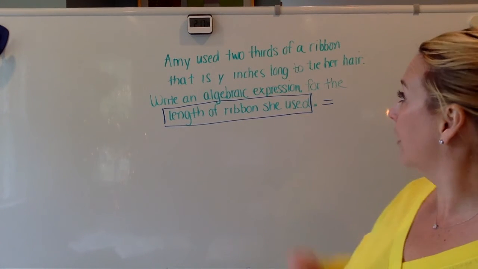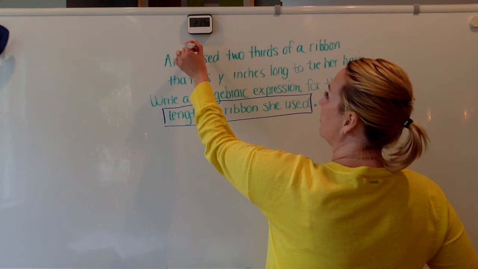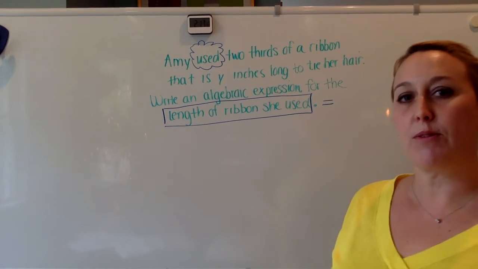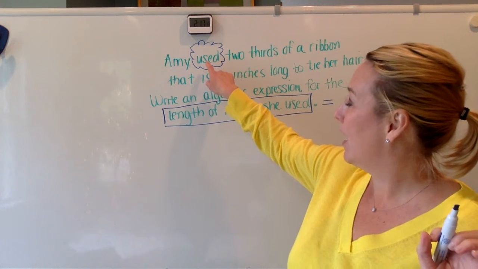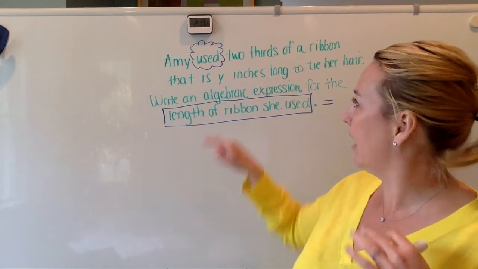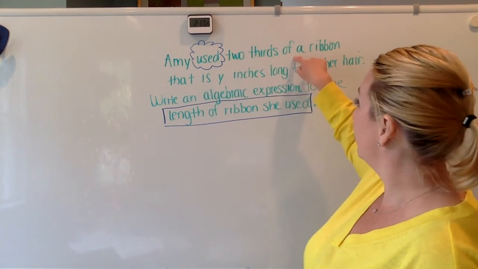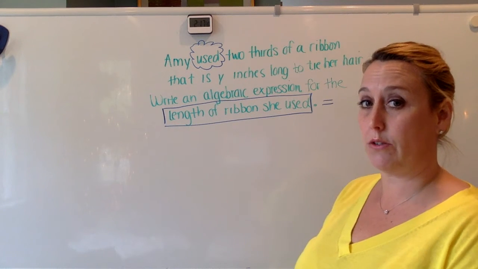That's what I'm trying to solve. So Amy used, all right, so now I know this is talking about what she used. And I say that because sometimes we get questions that will tell you what she used, and then it might tell you to find out what she started with or something like that. But in this case, they're keeping it real simple. This is what she used, and the question's asking me to write an expression for what she used.